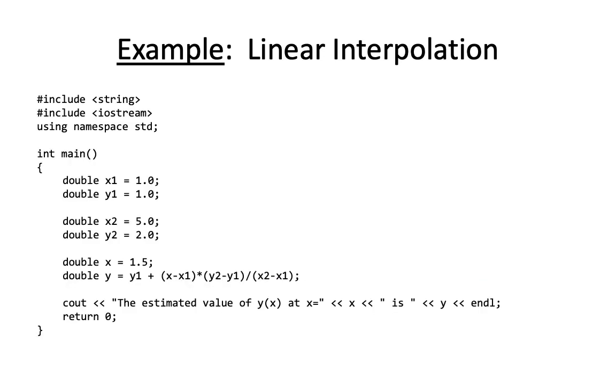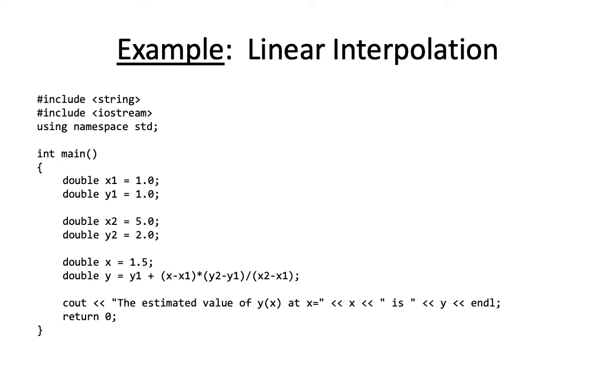So here's the code I wrote for a program that would do linear interpolation. In this example program, I've assumed that x1 is equal to 1, x2 is equal to 5. The function y of x at x1 is y1, which I'm saying is 1.0, and the value of y at x2, x equals 5, is equal to 2.0, and I'm calling this variable y2.